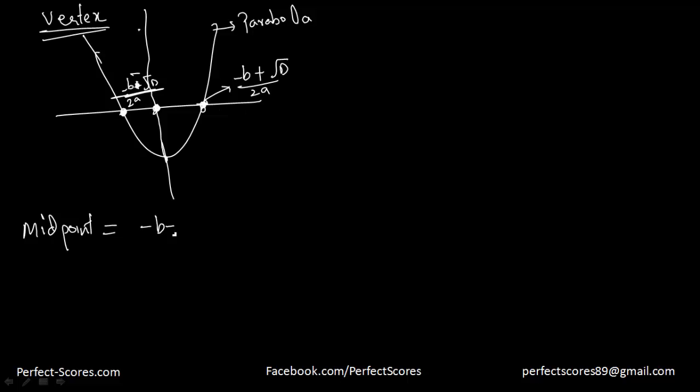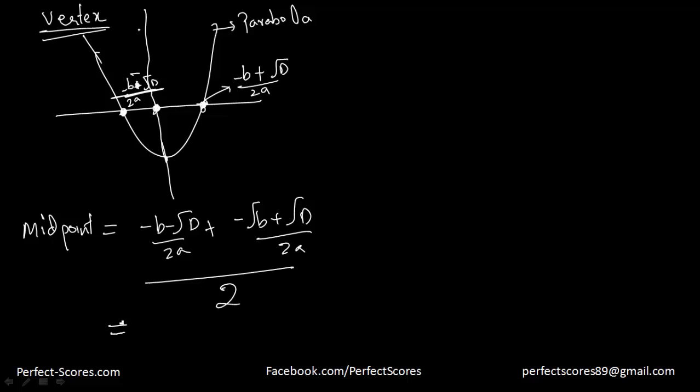So if you add both of these numbers and then divide the whole thing by 2, you will get the midpoint to be equal to minus b over 2a. That means the x coordinate of the vertex is always equal to minus b over 2a.